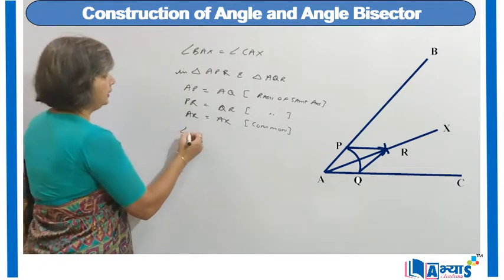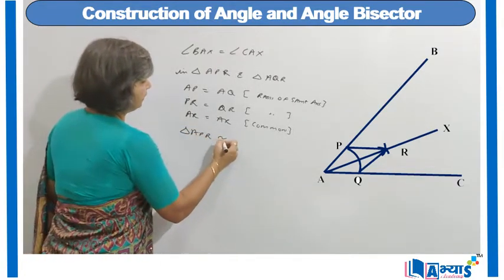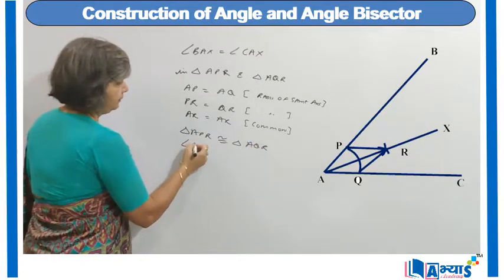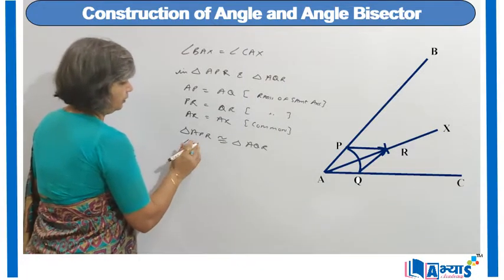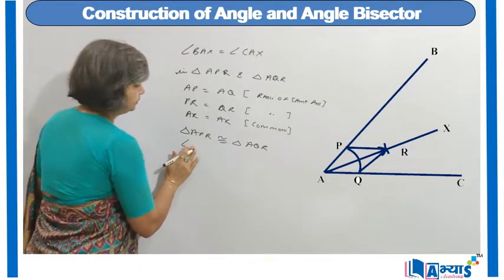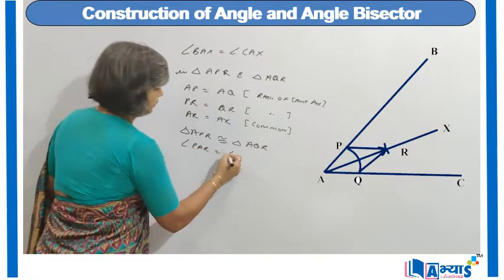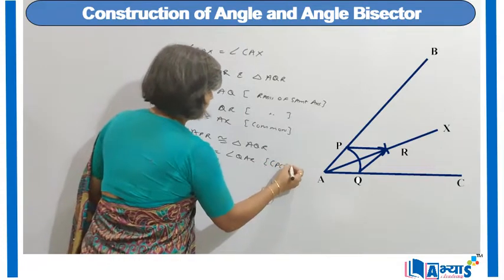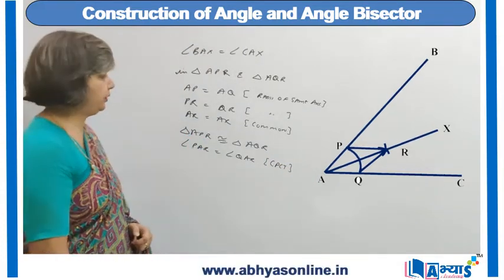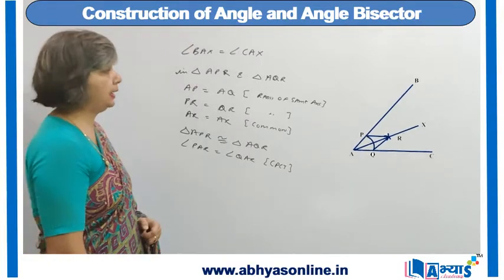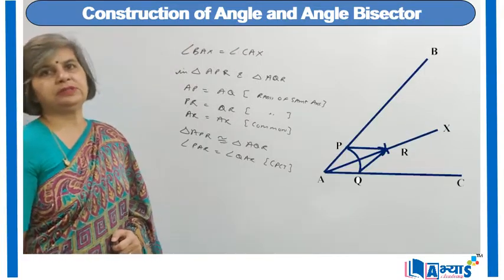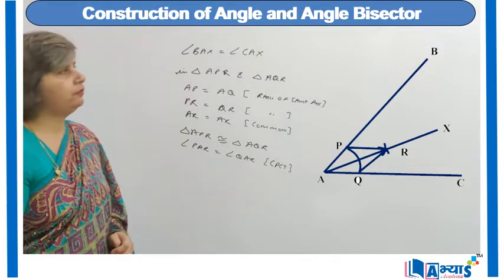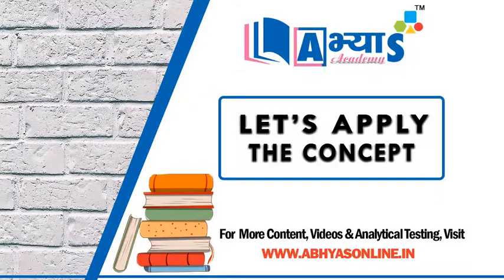Therefore triangle APR is congruent to triangle AQR, or we can say that angle PAR is equal to angle QAR from CPCT. That means corresponding parts of congruent triangles, hence we can say that the two angles are equal. So this is how we can justify the construction that AX is the angle bisector of angle BAC.